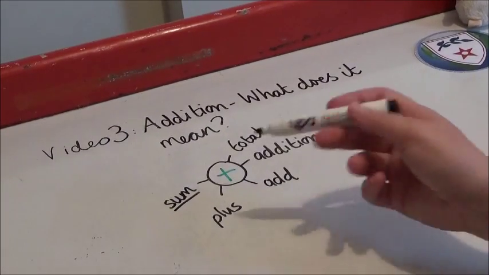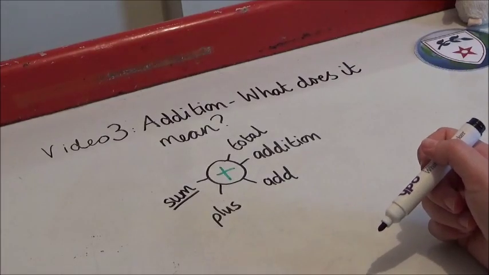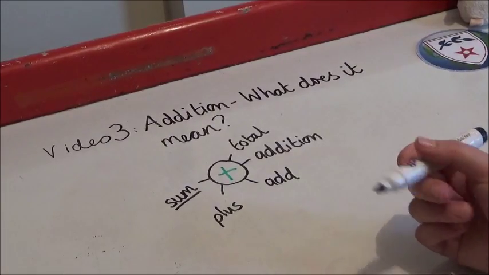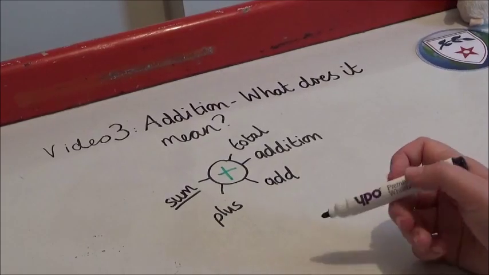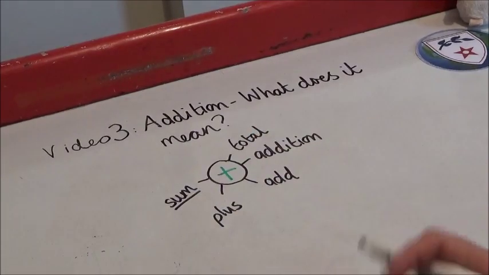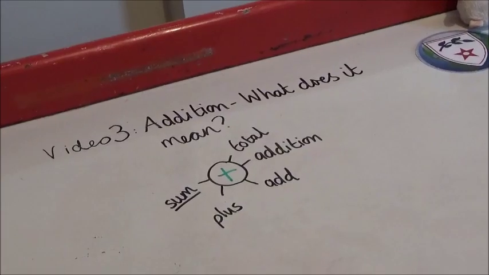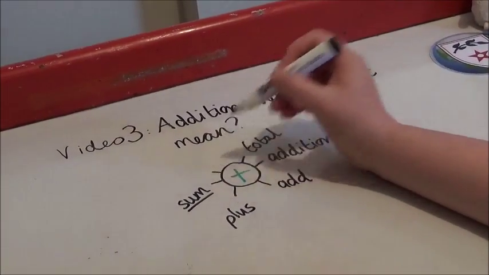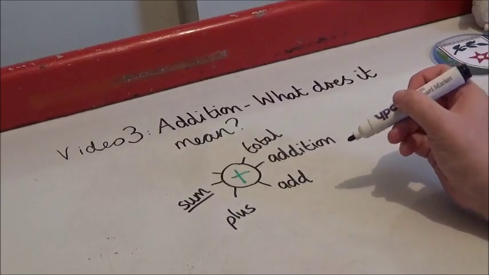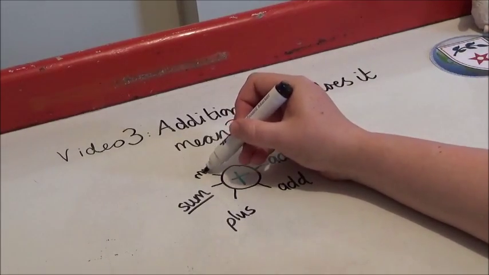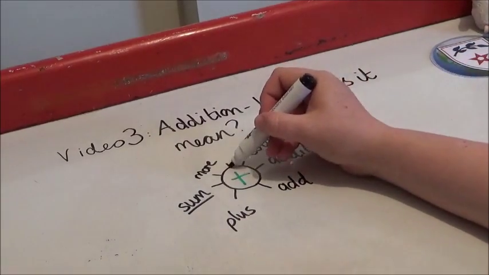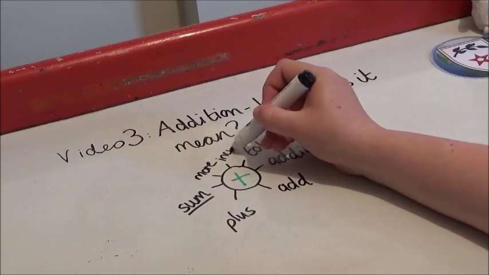You can't use that word if you're talking about subtraction or division or multiplication unless it's repeated addition. So a lot of people say do that sum. That's not correct if it isn't an addition problem. Another word for addition is more. And finally, we talk about an increase.